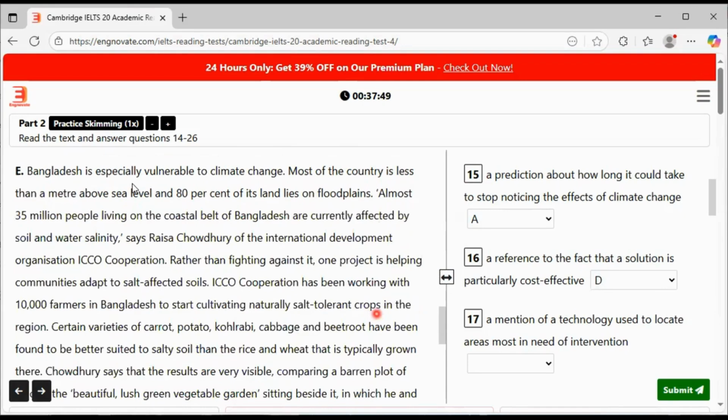Bangladesh is especially vulnerable to climate change. Most of the country is less than a meter above sea level, and almost 35 million people living in the coastal belt of Bangladesh are currently affected by soil and water salinity, says Raisa Chowdhury.